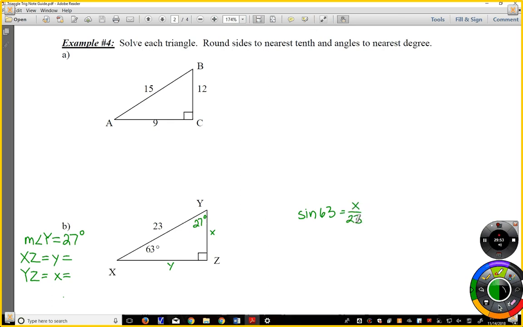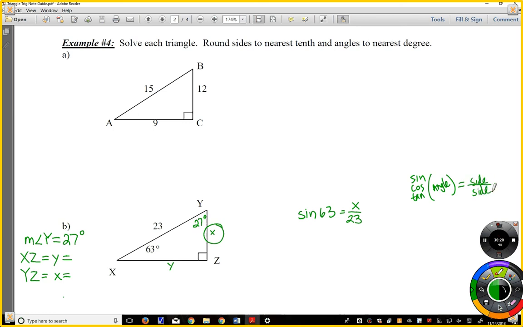Okay. So if you're struggling with where to go at that point, like you don't know what to focus on, here's what you should do. Pick one thing you want to find. So let's say I had picked x. I want to find x, right? And remember what we had talked about. All the trig functions, whether you use sine, cosine, tangent, they have an angle in here. And on the other side, you need two sides to set it equal to.